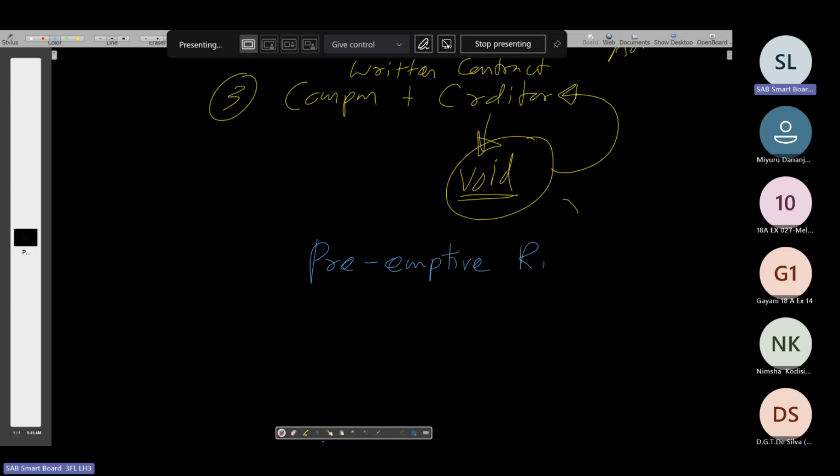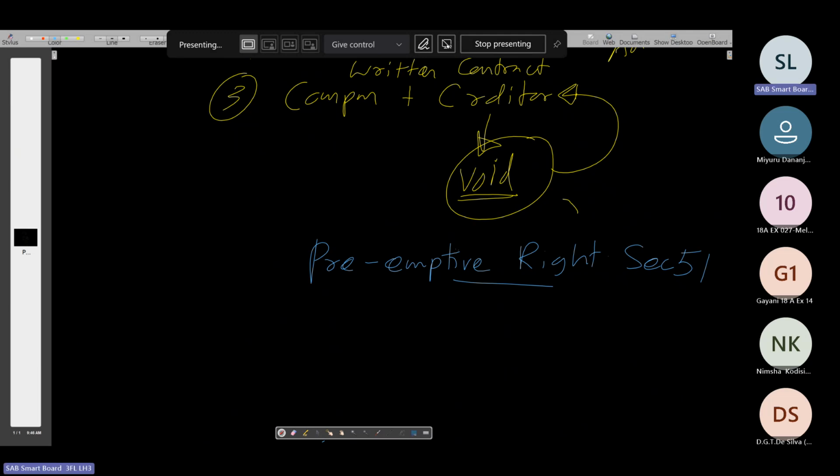This concept is recognized in the Companies Act in section 51.